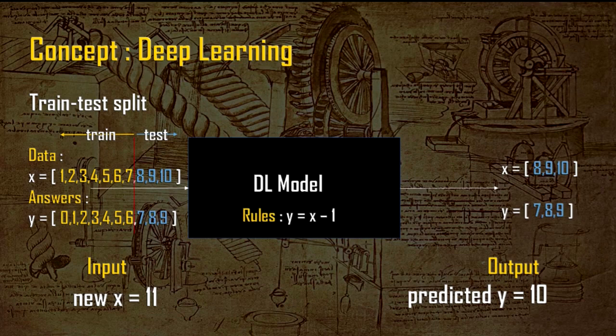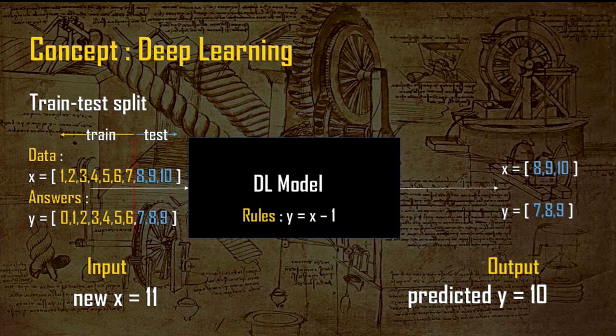Another quick concept that I want to share is the train-test split. We also want to know how accurately it predicts a new output, right? For a new input, how accurate is the prediction? So for that, we first split the data and answers into train and test. We predict on the test set first and compare the predictions with the actual answers.